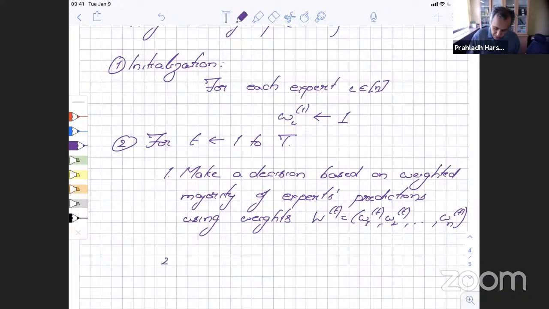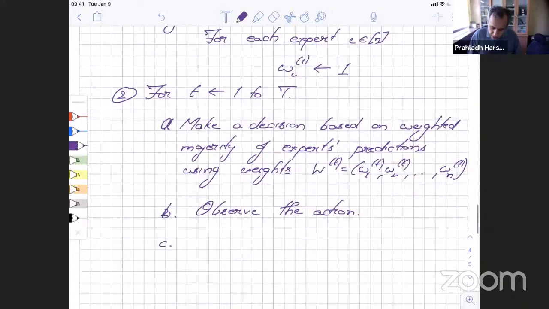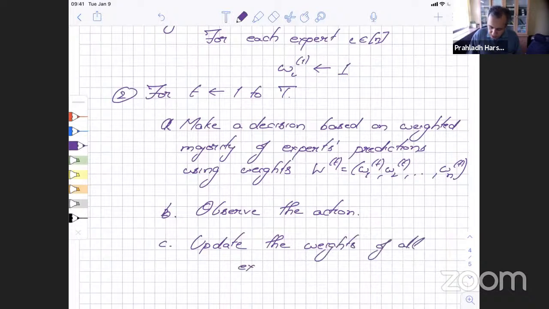So this is A, and then B, you observe the action. And then C, you update the weights of all experts who predicted wrongly.